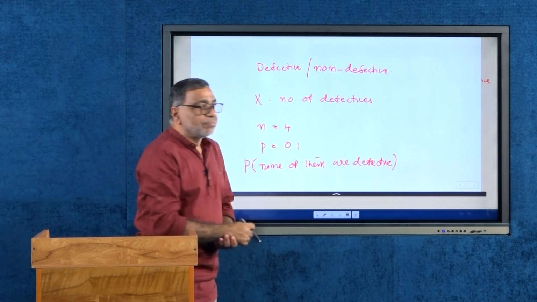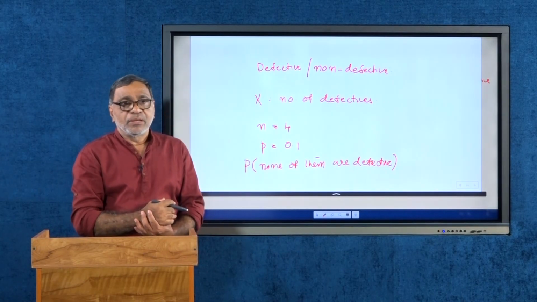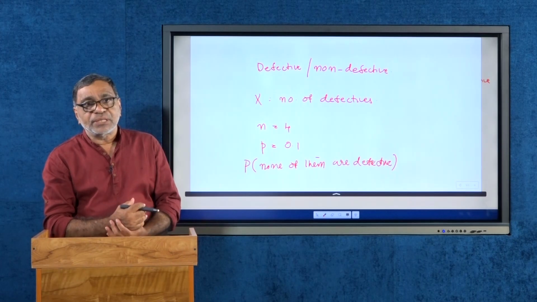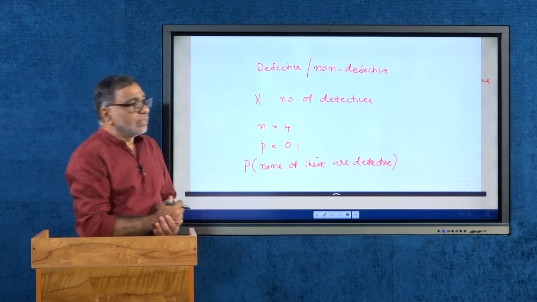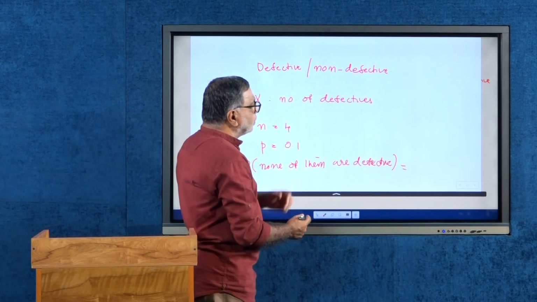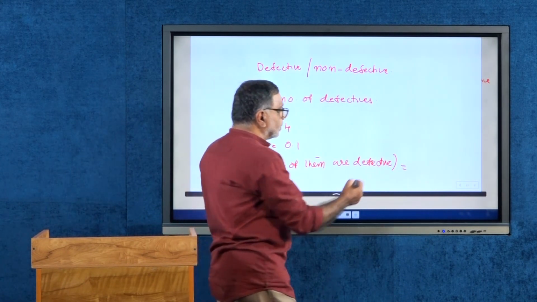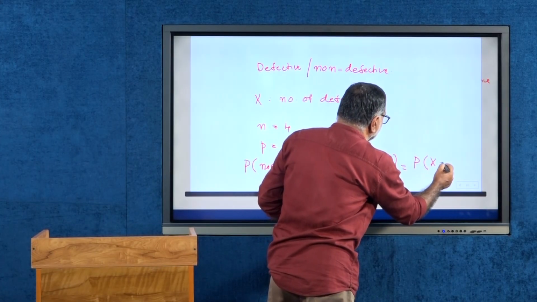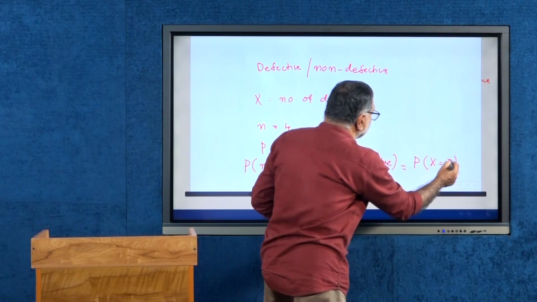Corresponding to the random variable definition, X is the number of defectives, so this is the probability that none of them are defective. That means P(X = 0).